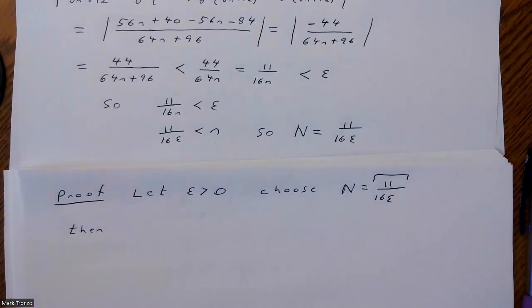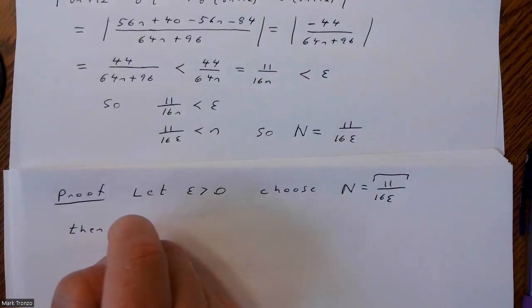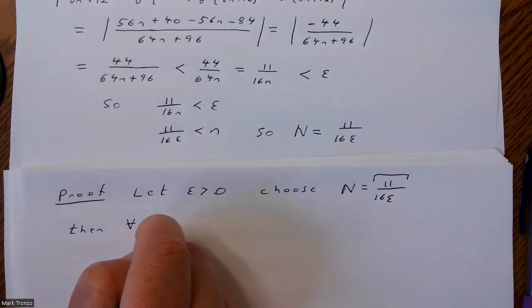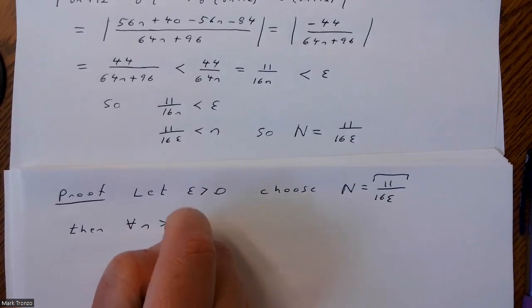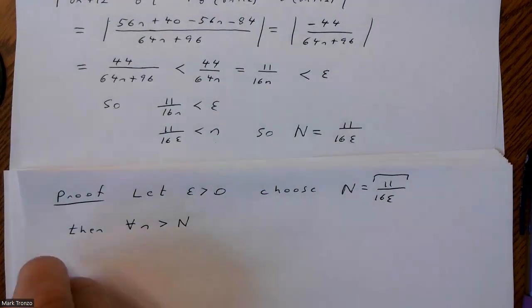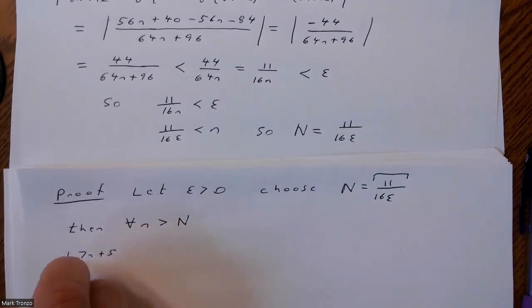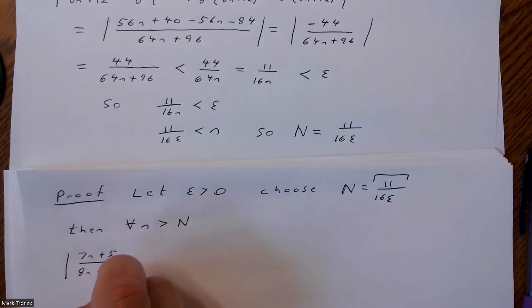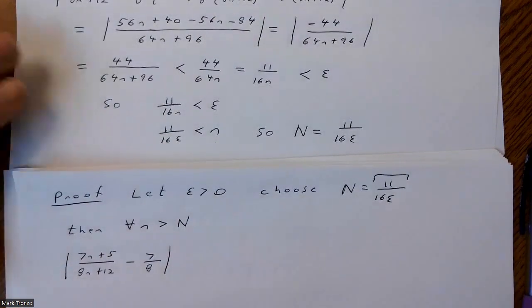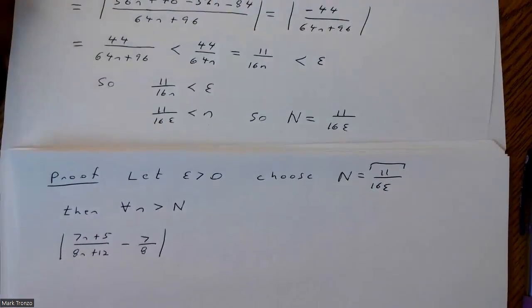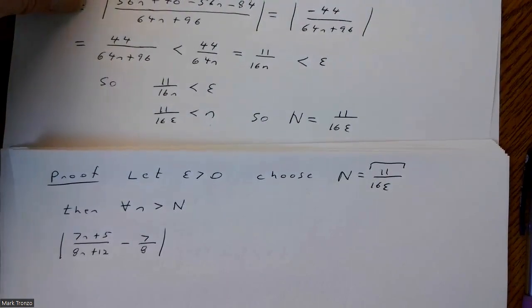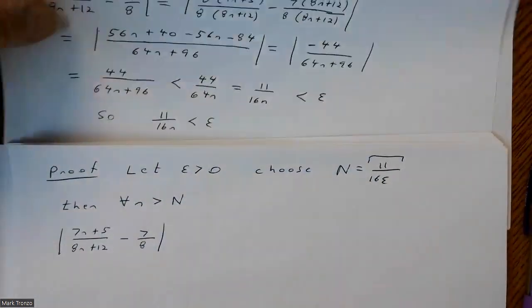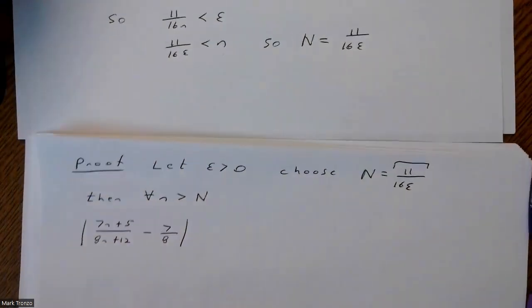Then you can say for all n greater than the N we picked. And then if you've included your scratch work, you can probably just refer to your scratch work. Or you could put maybe a few of the steps in.